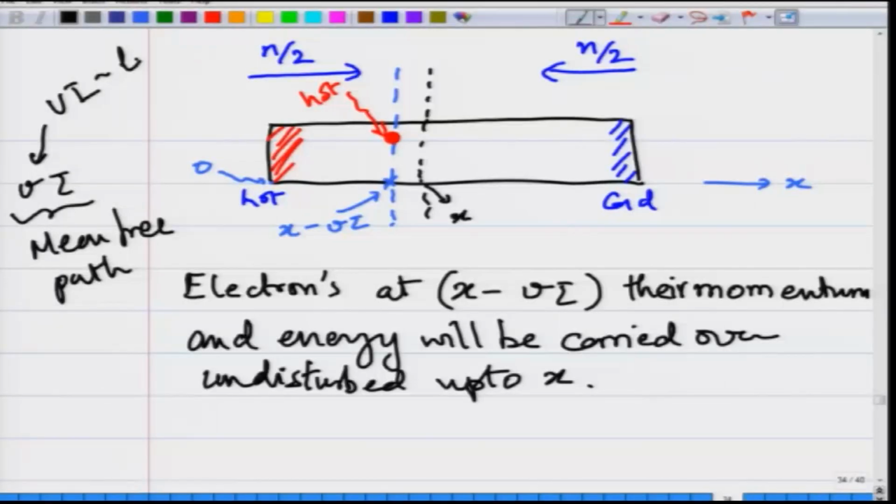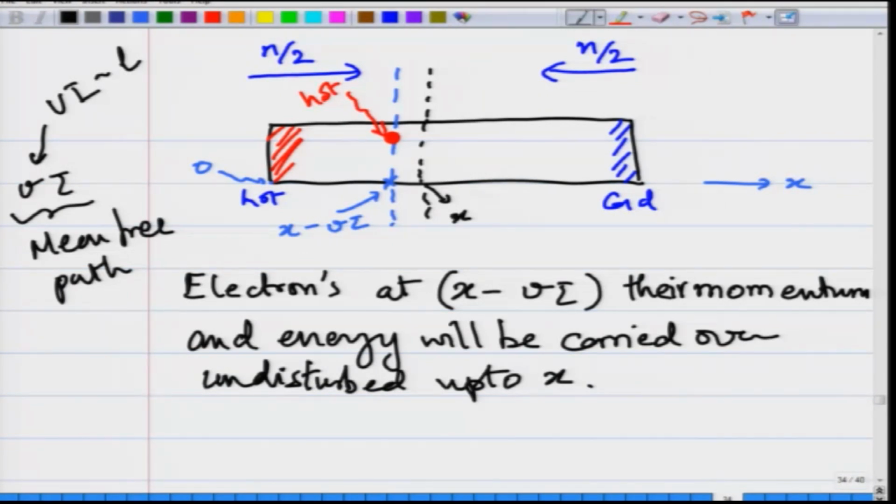So, this is the mean free path of the electron. And so, if an electron which is a hot electron at this end is coming with some energy, it will continue to reach this point x with the same energy and momentum without changing, because it does not undergo a scattering.